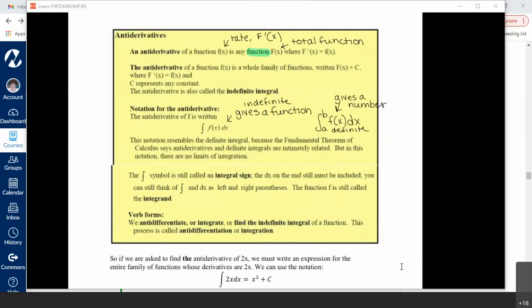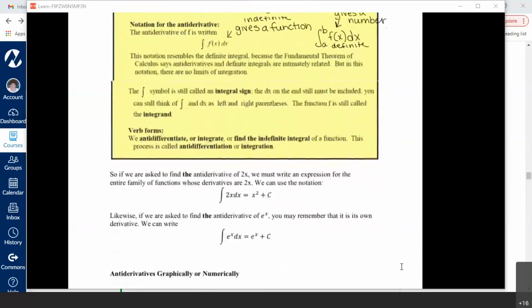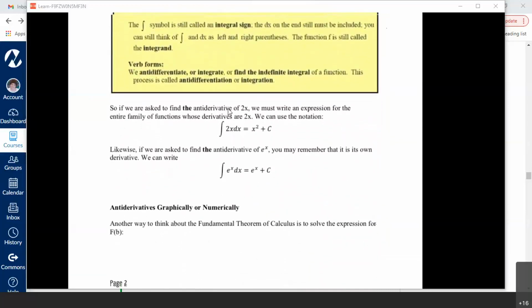All right, so the next thing they're going to do is show you some familiar things. If you're asked to find the antiderivative of 2x, you're basically going to take an indefinite integral of 2x dx. And we said, what would I have had to differentiate to get 2x? That would be x squared.